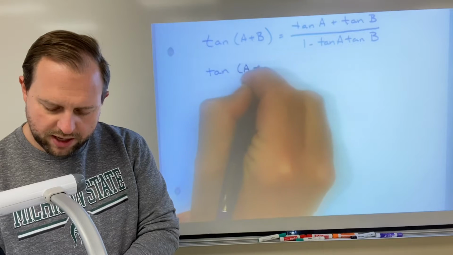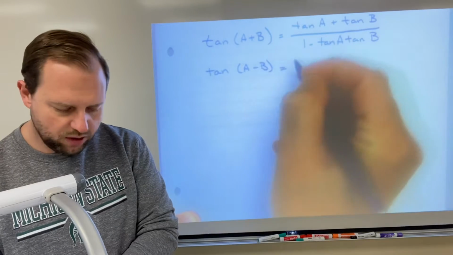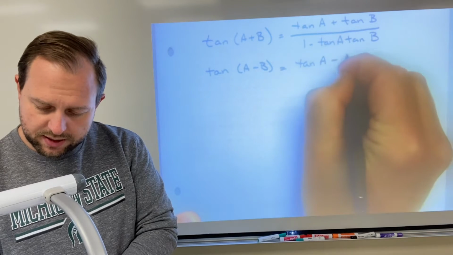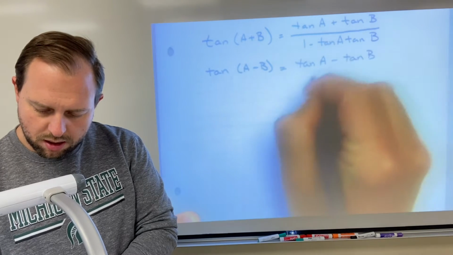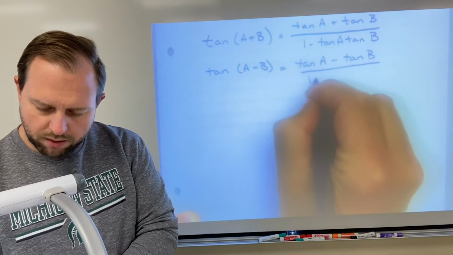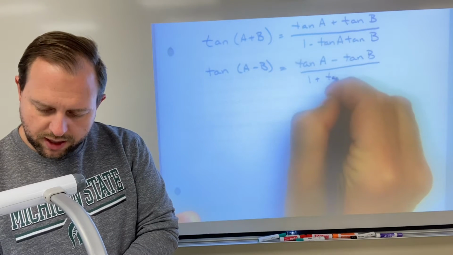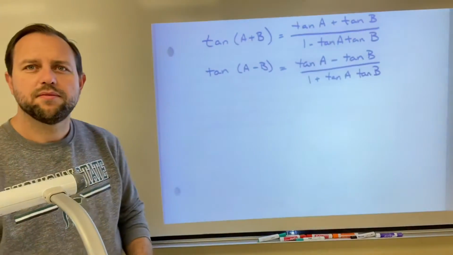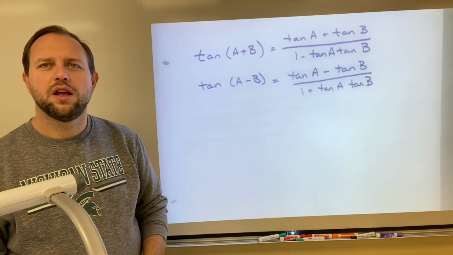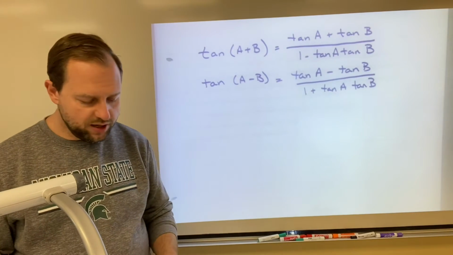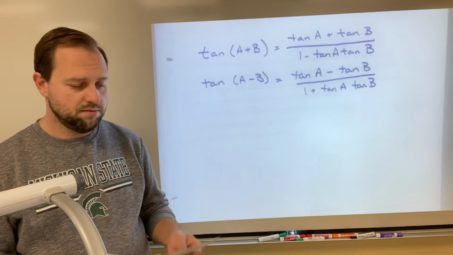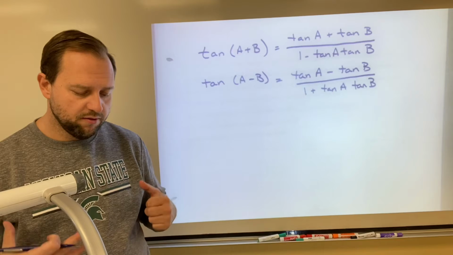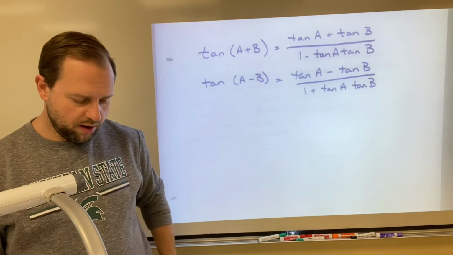Tangent of A minus B is equal to tangent of A minus tangent of B all over 1 plus tangent A, tangent B. Okay? So the equations are just not as simple, and so to do a tangent problem takes far more effort.